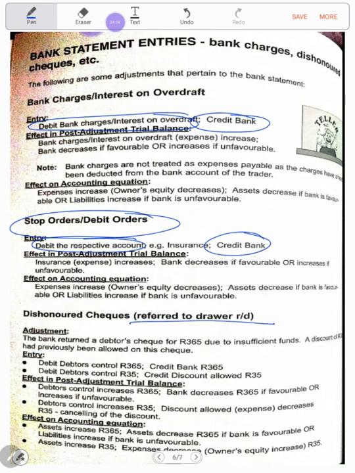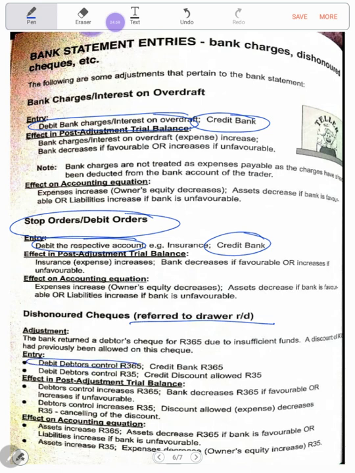What happens with dishonored checks? Let's read the adjustment. The bank returns a debtor's check for $365 due to insufficient funds. Then they gave us a discount that had previously been allowed. Now remember, when we have a dishonored check and we've given a discount, the discount allowed automatically gets cancelled. What happens?